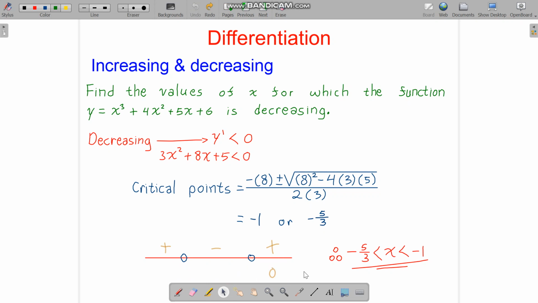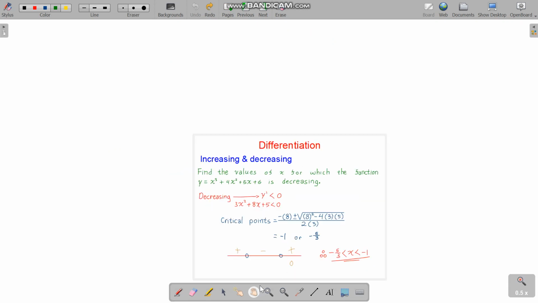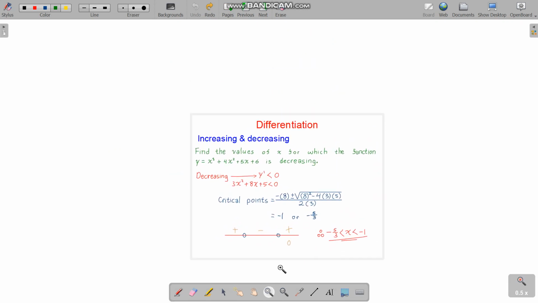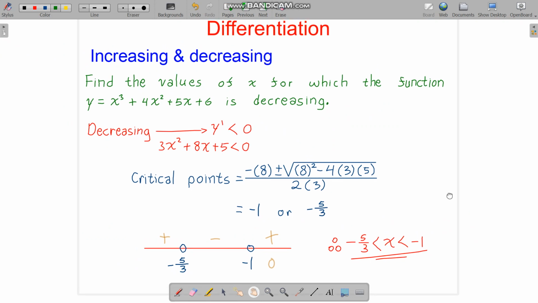Okay, never mind. Okay, they're gone. -5/3, -1. Yeah, that was right actually.